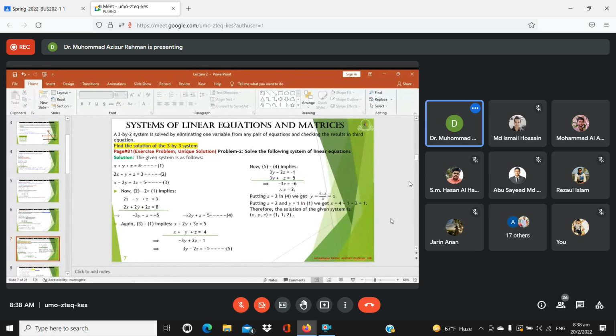Okay. Yes, sir. So if we have three equations and three variables, we have to use this process. What is this process? You choose any two equations first. Then you eliminate one of the variables. Here we eliminated x. Then you use another set of two equations and eliminate the same variable again. Then you have two new equations with two variables.